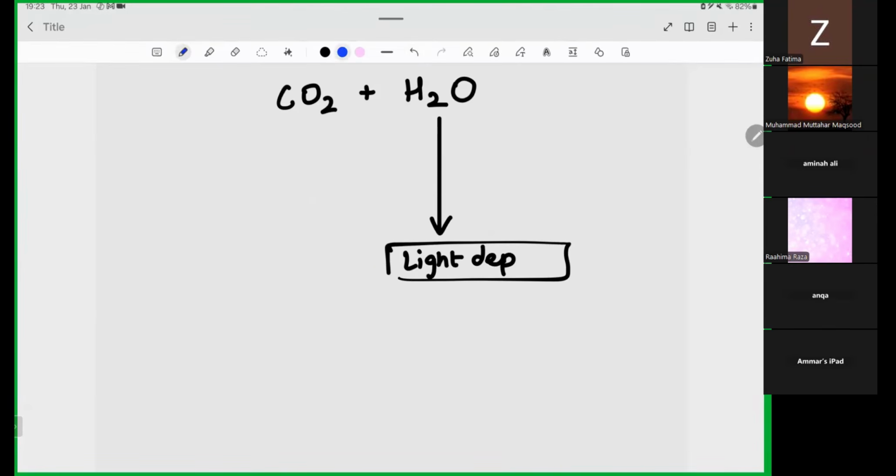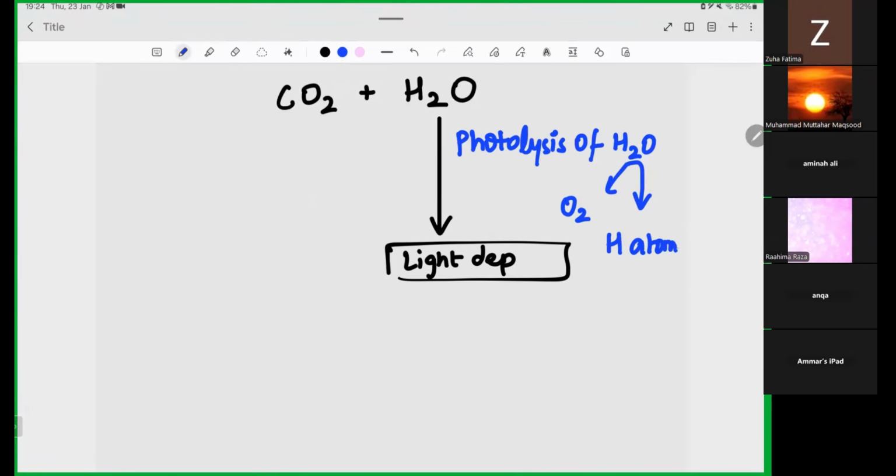Now, what happens in light dependent stage is that we are utilizing light, and photolysis of water takes place, due to which oxygen is evolved as a byproduct, and we have hydrogen atoms which split into protons and electrons.